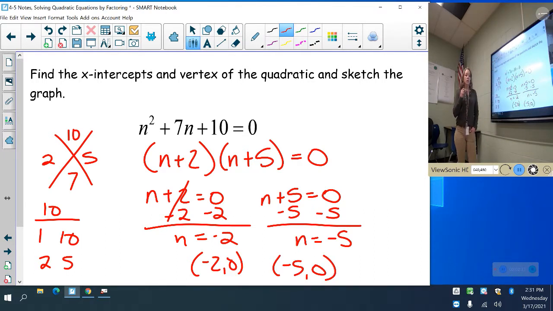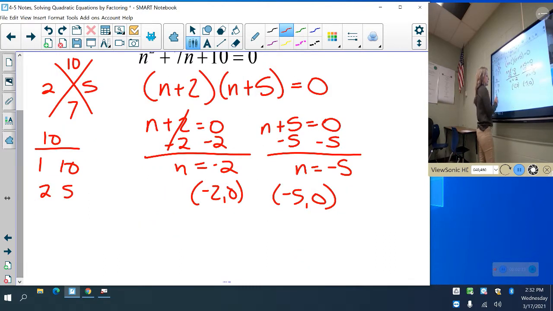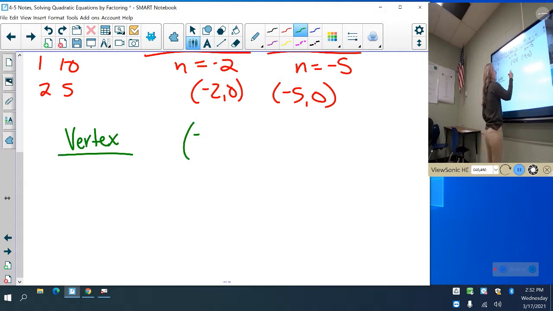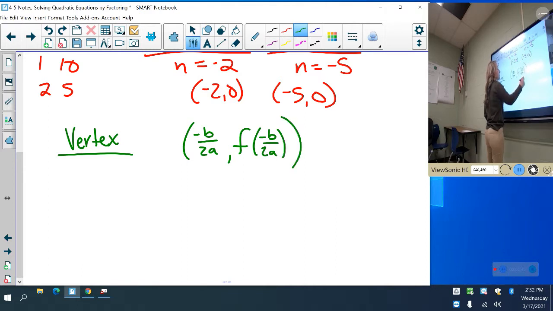Now, in order to sketch a picture of the graph, I need the vertex. So let's use that new formula that we have in order to find the vertex. If you remember from the front, to find the vertex I need negative b over 2a, and then I need f of negative b over 2a, assuming my quadratic is a function.